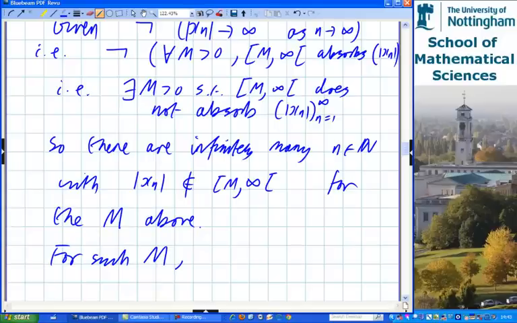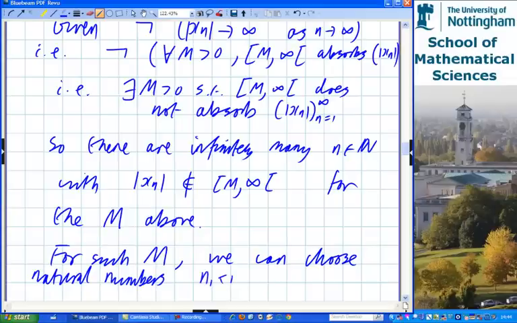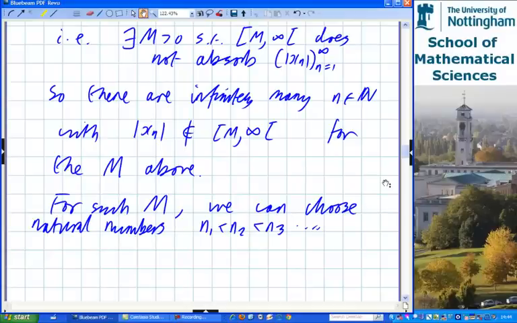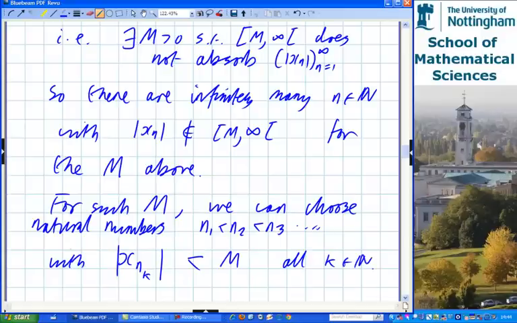And infinitely many means we can choose natural numbers n1 less than n2 less than n3, just picking out these infinitely many n where this thing is true. And modulus of x_nk has to be less than m for all k.